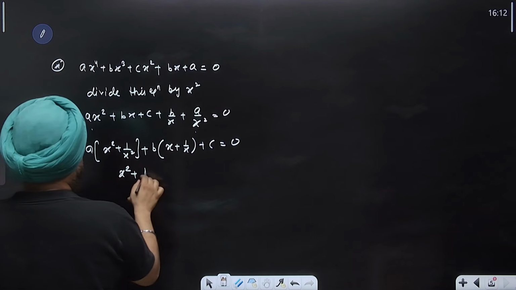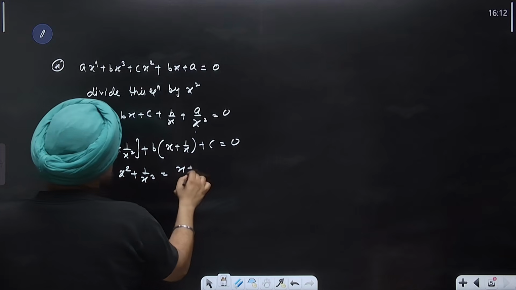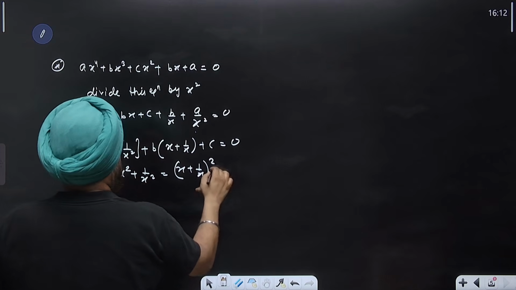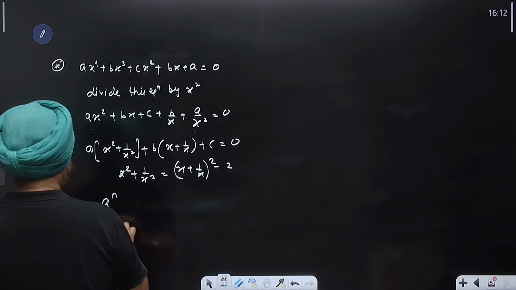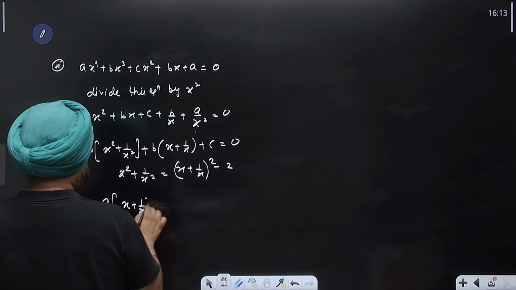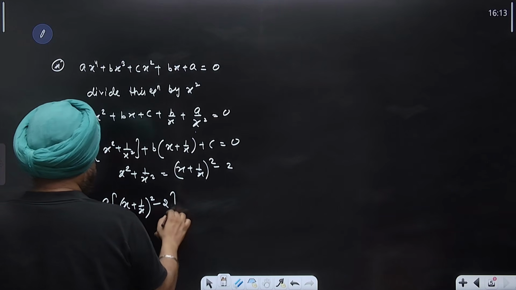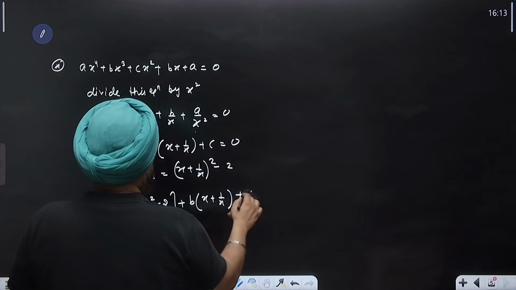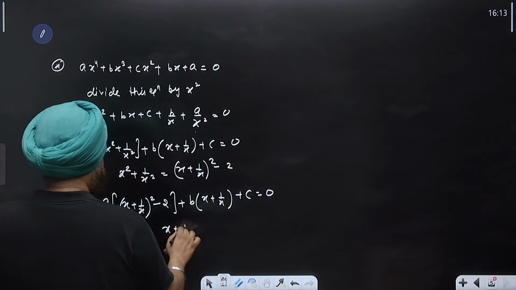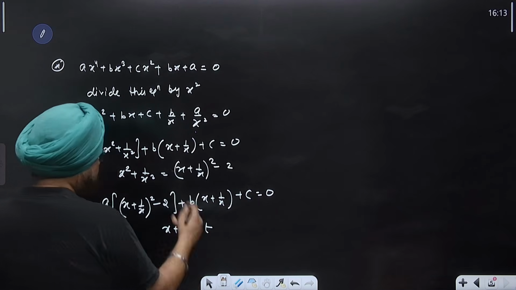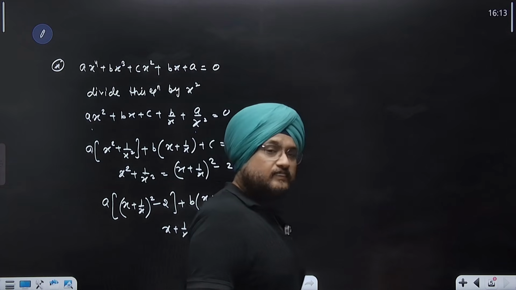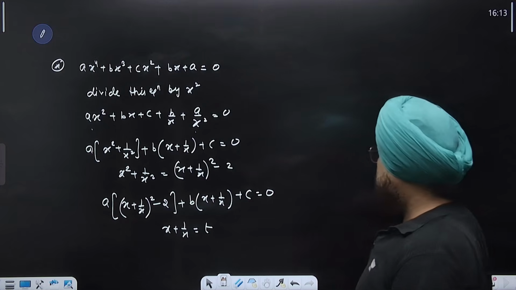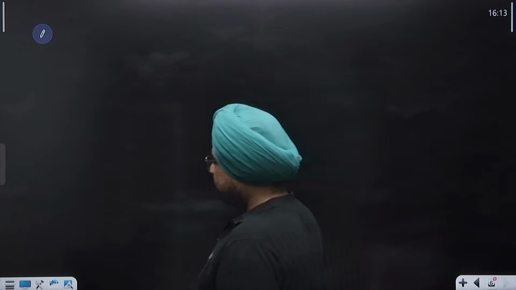Write x square plus 1 upon x square as (x plus 1 upon x) whole square minus 2. Now we can consider x plus 1 upon x as t, and this will become a quadratic in t. So we can take an example on this.